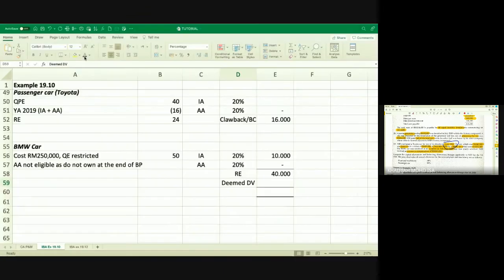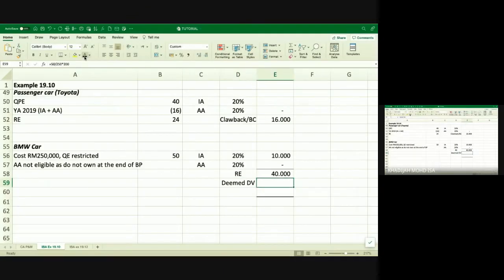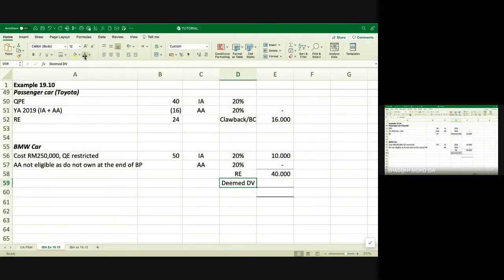But remember that in order to compute, if you were to put here 200,000, of course you have a balancing charge of 160,000. That's a lot, right? You only claim allowance of 10,000, tapi balancing charge is 160,000. So whenever you restrict your cost here, then you also have to restrict your disposal value, right?